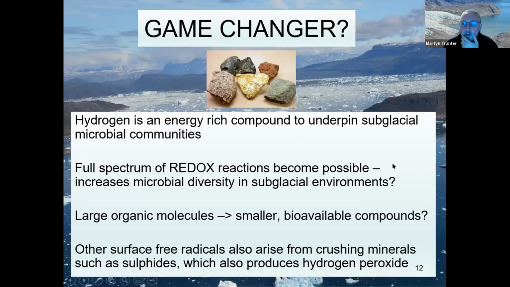Hydrogen peroxide is a bit more tricky in that it could oxidize the cells, but potentially microbes make a living by catalyzing redox reactions. So they take a reduced compound and they oxidize it, or they take an oxidized compound and they reduce it.